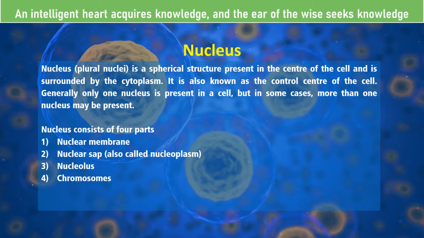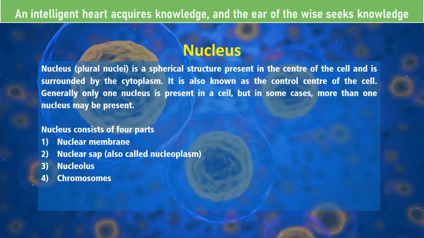Generally there is only one nucleus, but in few cases there can be more, and one of the examples is your muscle cell. And there are cases where there is no nucleus present, and if such a cell is there, we call it an enucleated cell.